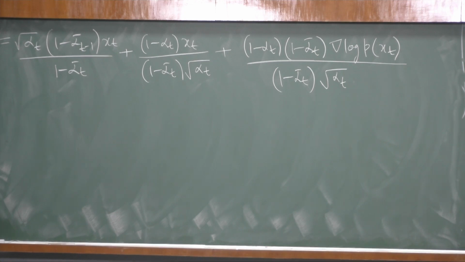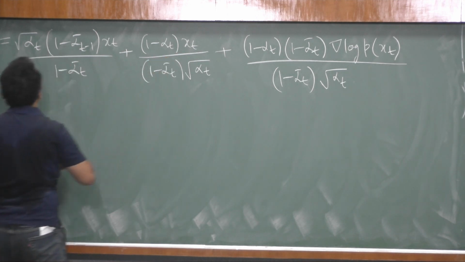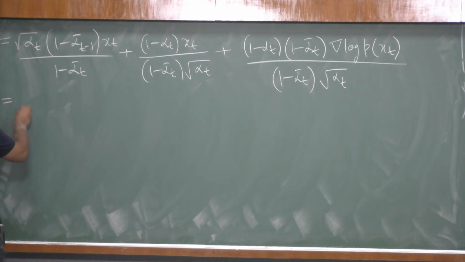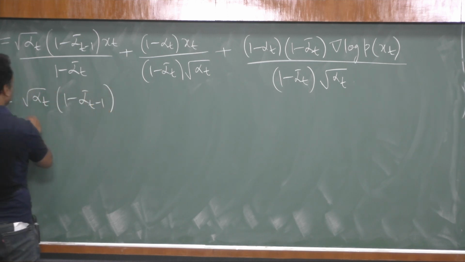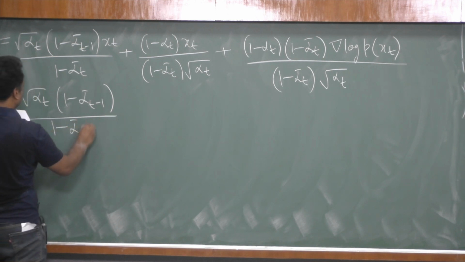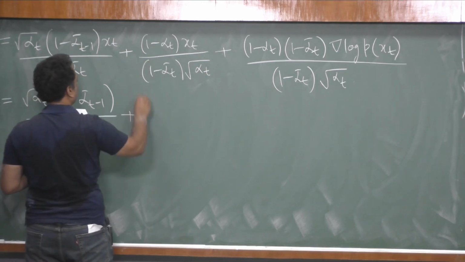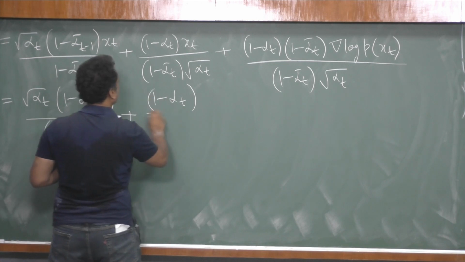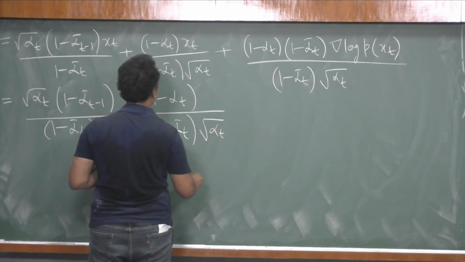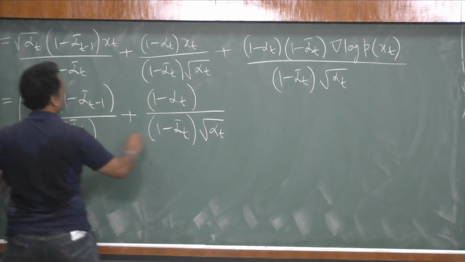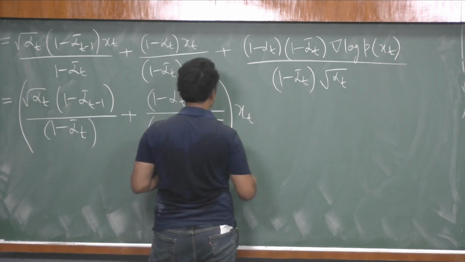Then again, similar steps: take xt common. So with xt common, we have square root of alpha t, 1 minus alpha bar t minus 1 divided by 1 minus alpha bar t, and then plus this term, 1 minus alpha t divided by 1 minus alpha bar t, square root of alpha t, and the whole thing is taken common by xt.